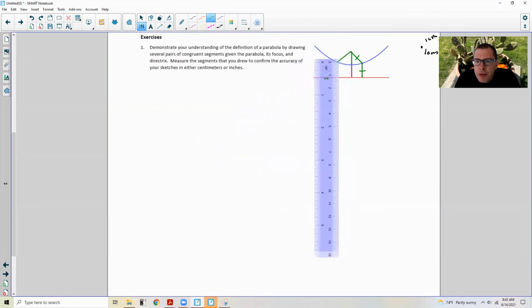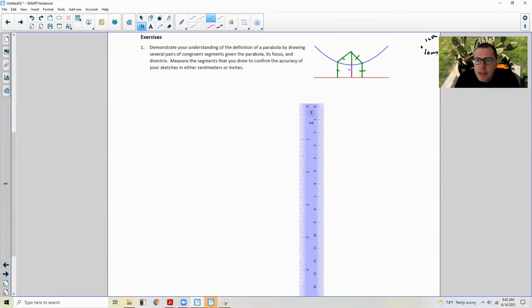Move this back down, bring it over here, draw a segment down. Measuring that, we are at 5, 6, 7, 8, give or take. The accuracy is hard to do on here. On paper, it'd be easier. So that's congruent to that. As I go out, the points on the blue parabola are going to be the same distance from our focus and our directrix.